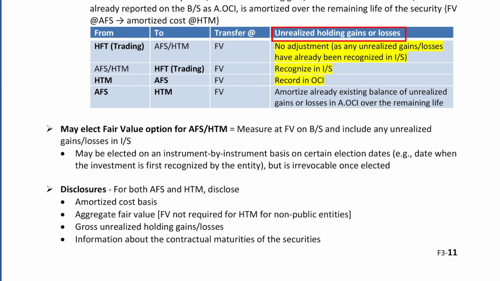And the last one, if the transfer is from available for sale AFS to held to maturity HTM, think about it. We're already going to have some unrealized gains or losses as part of accumulated OCI. And you need to amortize the already existing balance of unrealized gains or losses in accumulated OCI over the remaining life of the debt security.